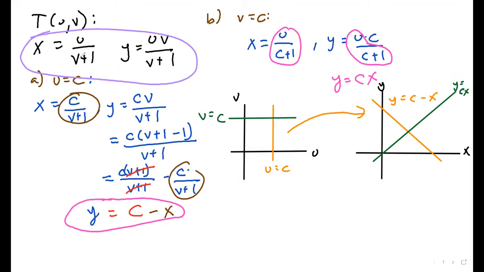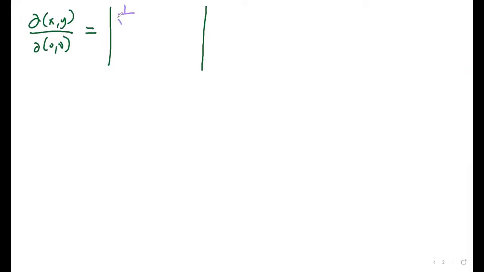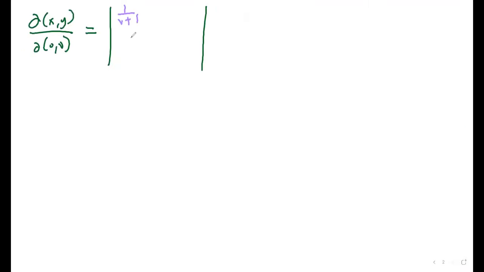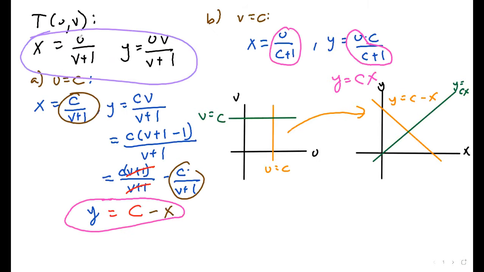For example, partial x, partial u, we can see it's just going to be 1 over v plus 1. Partial y, partial u is going to be v over v plus 1.